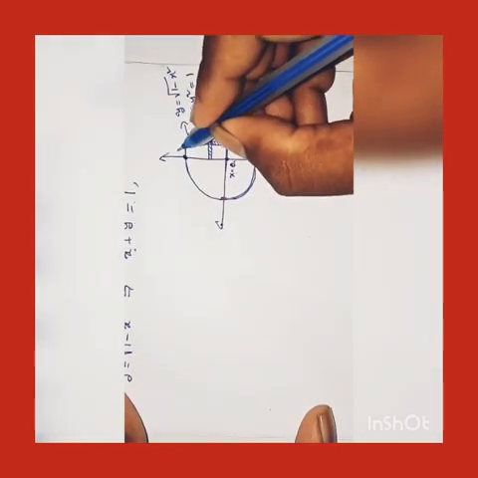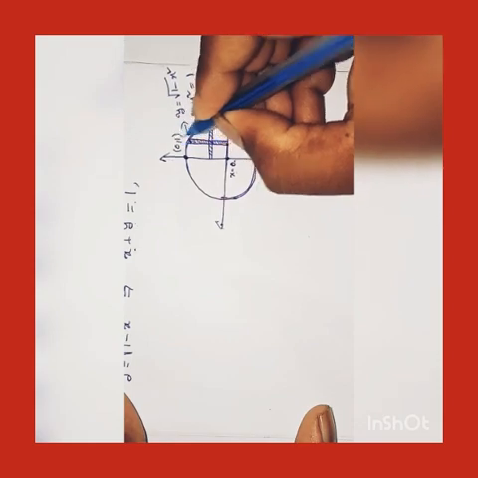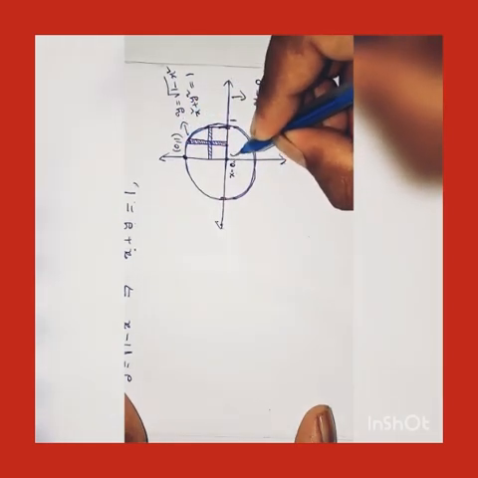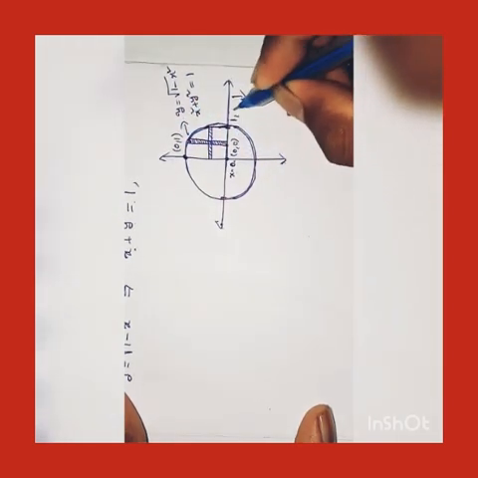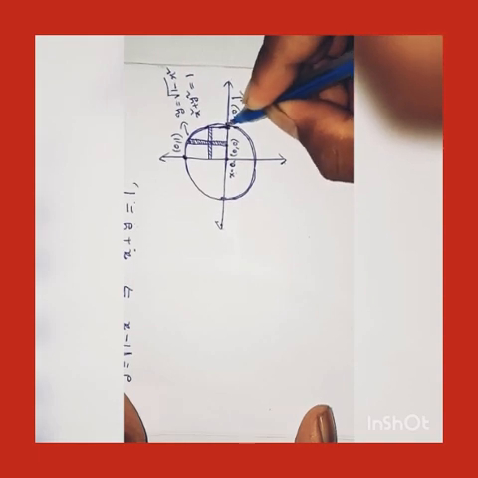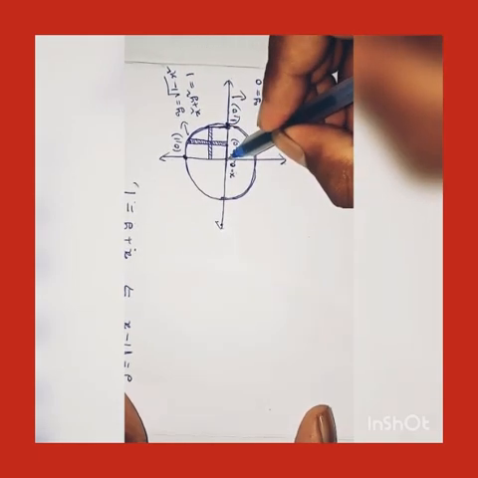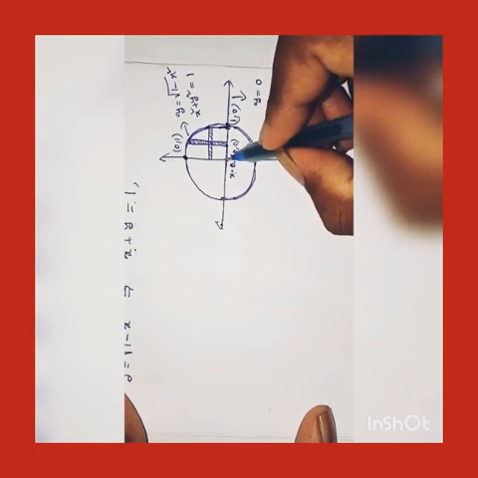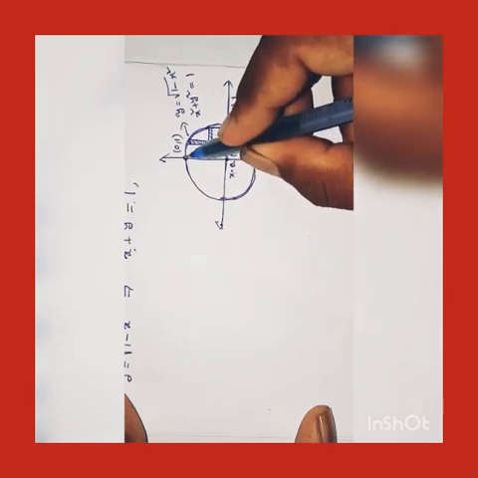Actually the boundary points are (0,1), (0,0), (1,0). Therefore y is moving from y is equal to 0 to y is equal to 1.